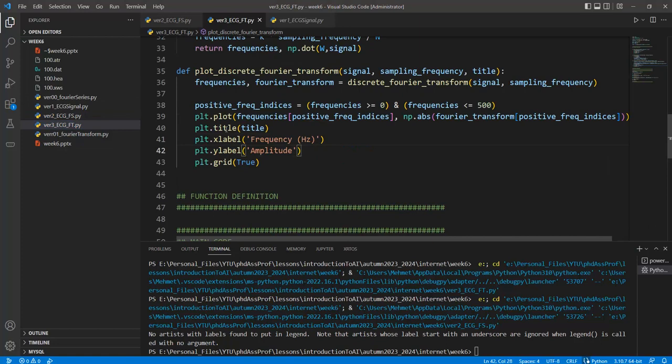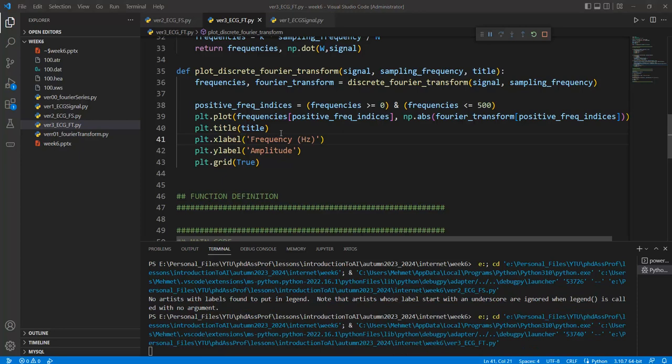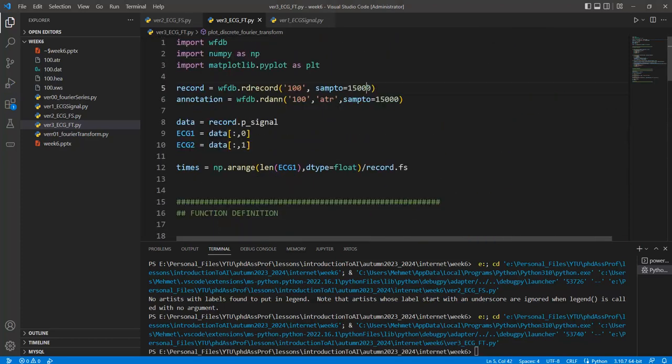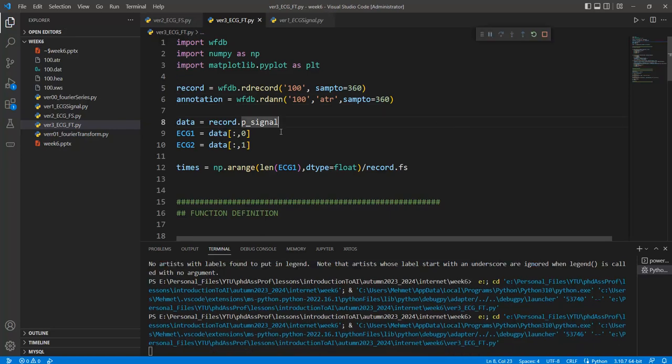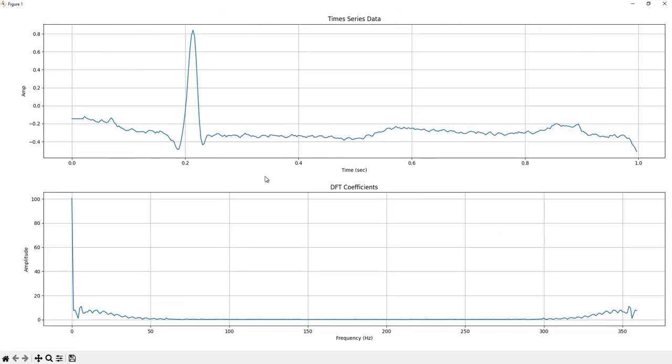Temporal information means that in the Fourier transform, in this code we obtain the whole 1 second period signal as one term here, but we don't know the instantaneous frequency of this term.